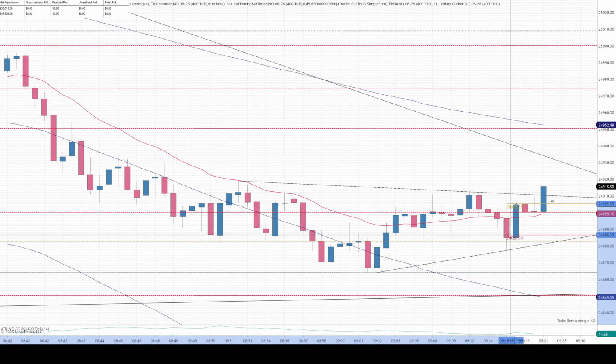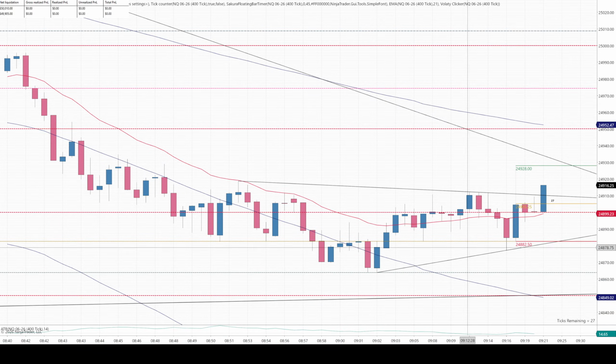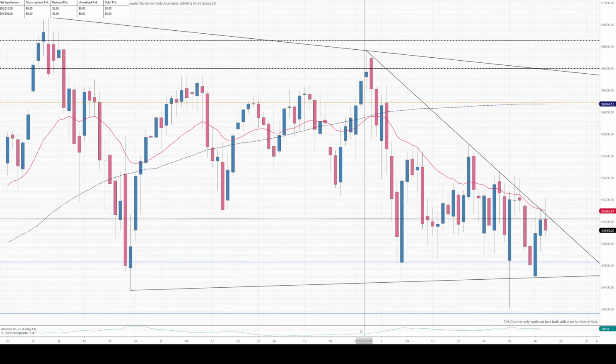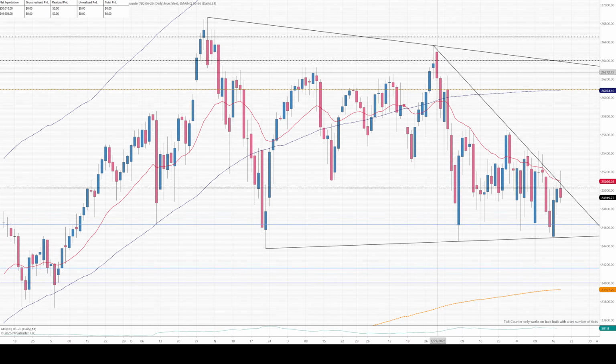With that being said, let's go ahead and take a look at the daily chart. So we opened here, we rallied quite a bit overnight, and then starting around 2 o'clock in the morning, we started to pull back and keep going down and down and down. You could see here, based on the daily chart, we're right back into resistance.